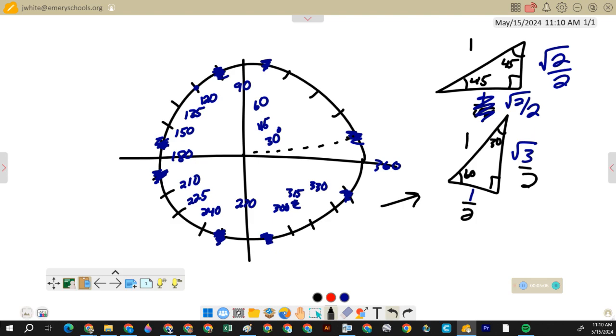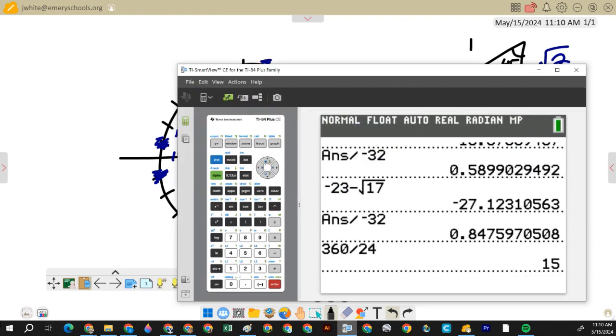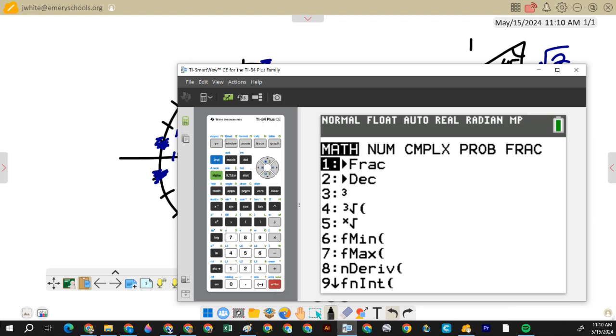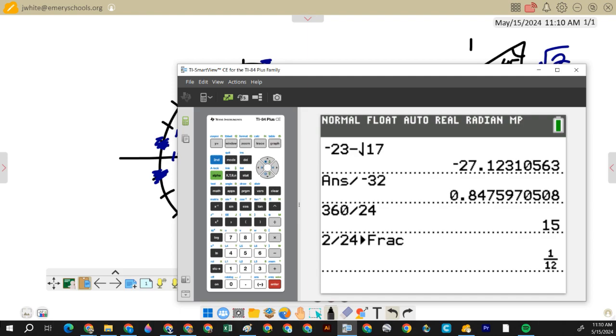How big is each notch in radians? Well, there are 24 notches, and the entire circle is 2 pi. So if I take 2 and divide it by 24, I get 1/12.